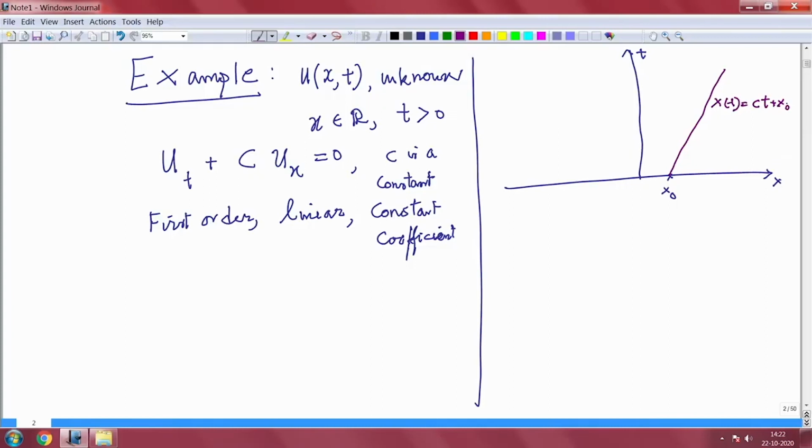This is the thing which I am going to do. So, I am introducing a curve here: x(t) equal to c t plus x naught. Here is one point I want you to think about: this curve x(t) is viewed with respect to t.